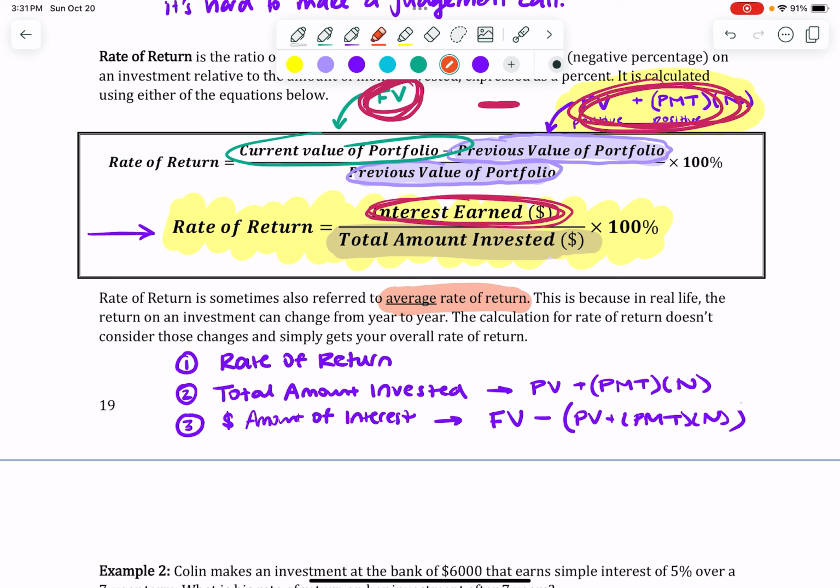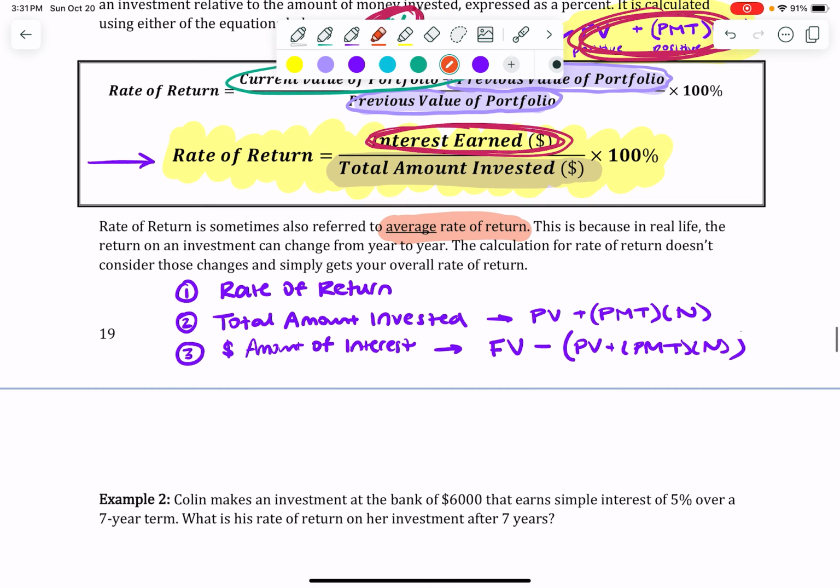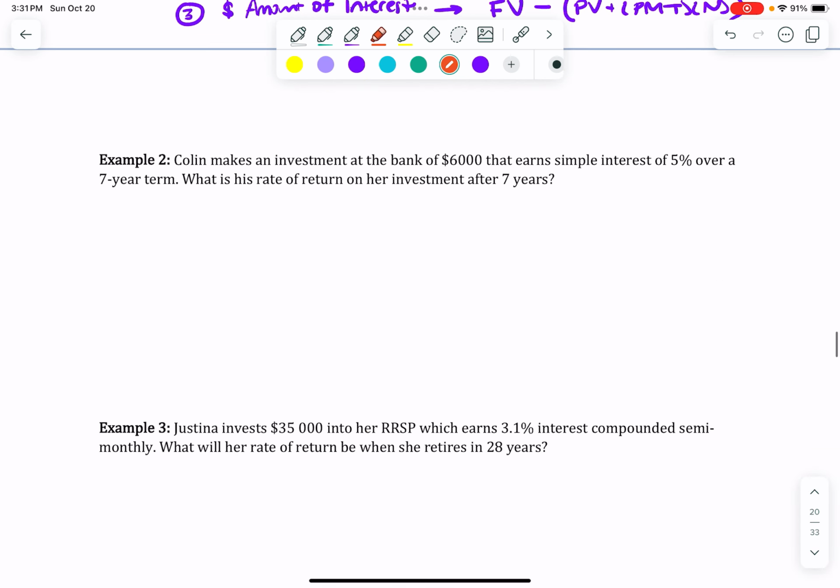But all of those rates of return aren't going to be identical. So when I'm calculating the rate of return for my portfolio, it's an average. Okay? So average rate of return is the same thing as rate of return. All right.